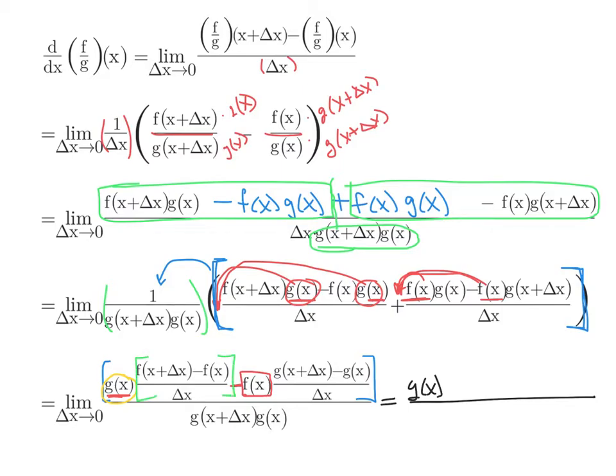In this fraction, as delta x approaches 0, f of x plus delta x minus f of x over delta x is our derivative of f of x. In the next term, that f of x doesn't have a delta x in it, so it's going to stay minus f of x. And when we look at our fraction, as delta x approaches 0, that fraction is going to be our derivative of g of x.